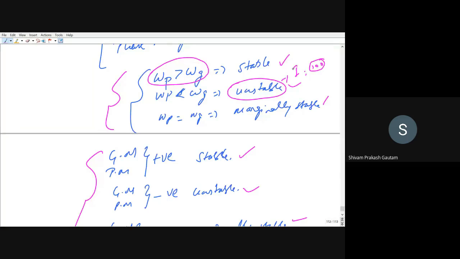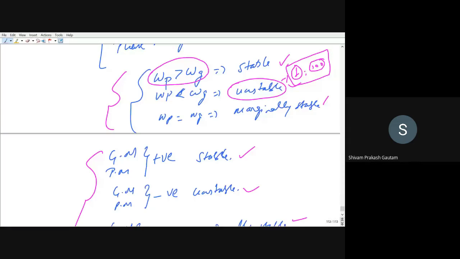If your system has 100 poles and only one pole is on the right hand side, that means the system is unstable, right? So if the system is unstable, by this method we are not sure how many poles are making the system unstable, whether it is one pole, two poles, 100 poles, or all the poles are on the right hand side.